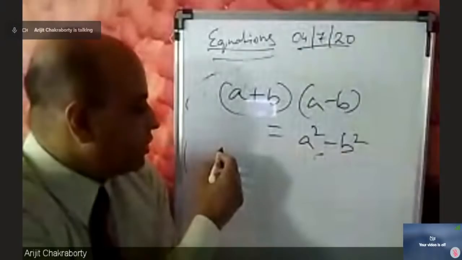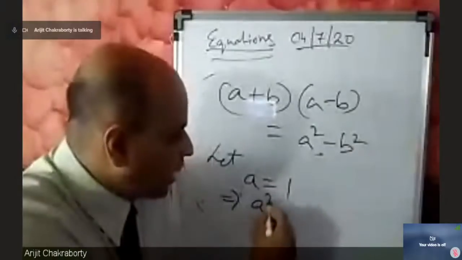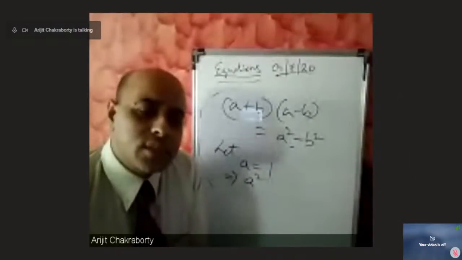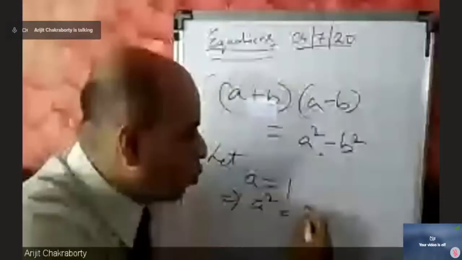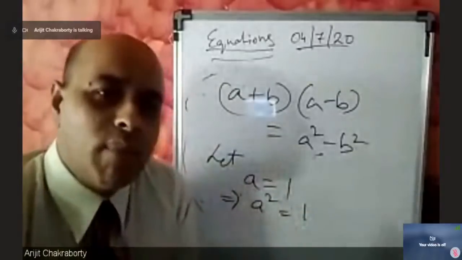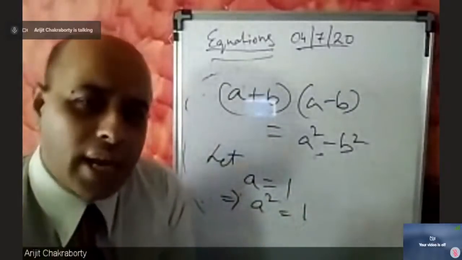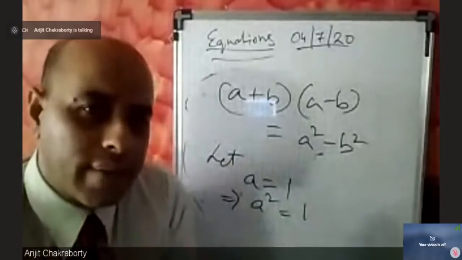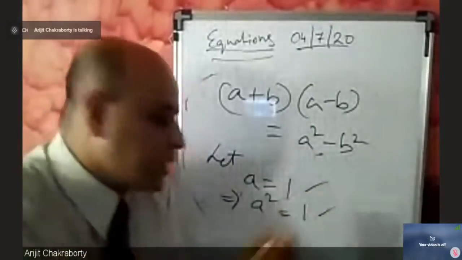Therefore, we can write a² is also equal to 1, because a² is a multiplied by a. You have already done indices. So a multiplied by a is also equal to 1. So a is 1, a² is also equal to 1.